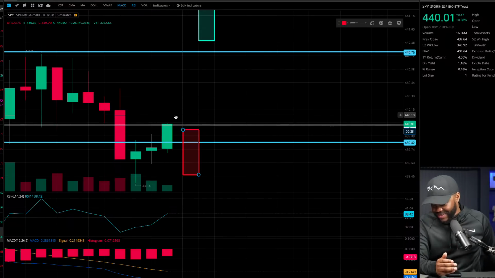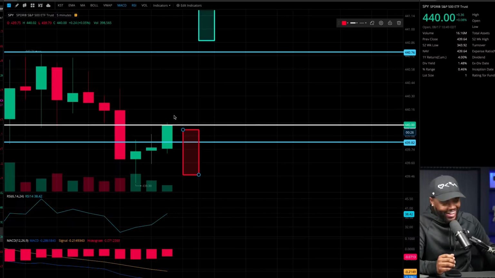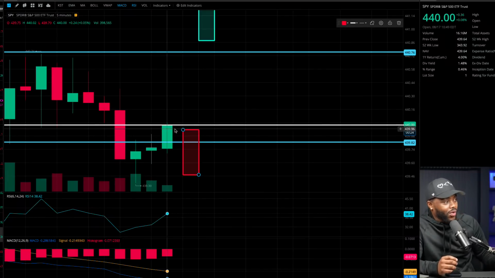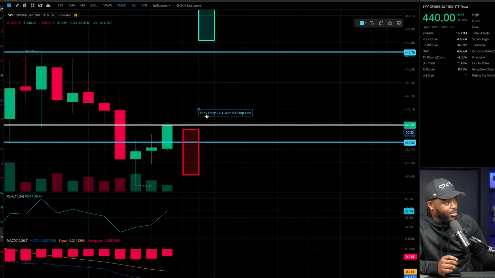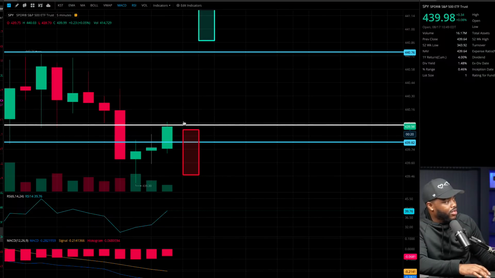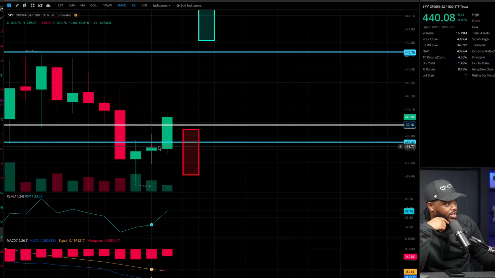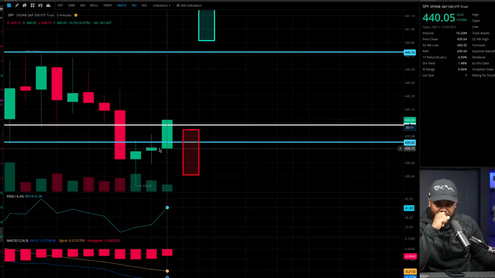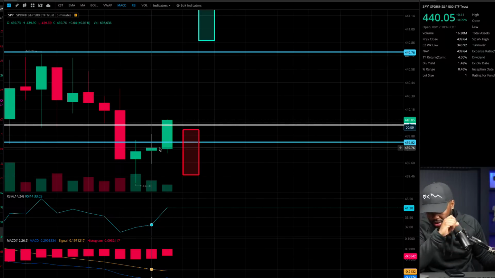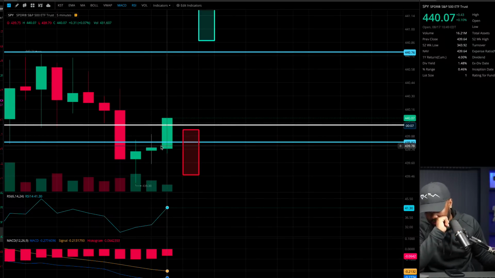Okay, so we are almost breaching it a little. We're breaching it a little bit. I was able to make a little $20 on a put. It was up 80, but I was able to make a quick 20 when it stopped me out. It slipped past my stop loss, but I know how to position it.